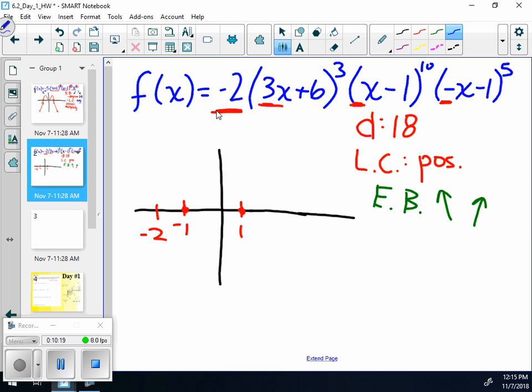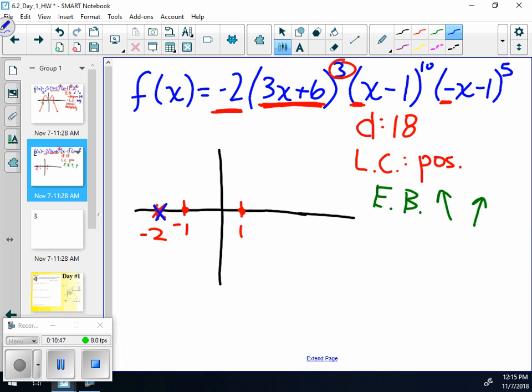The multiplicity. All right. So if we look at whatever corresponds with -2, which is this first component here, what is the multiplicity for our value x equals -2? 3. So 3 is an odd number, so it's going to cross.